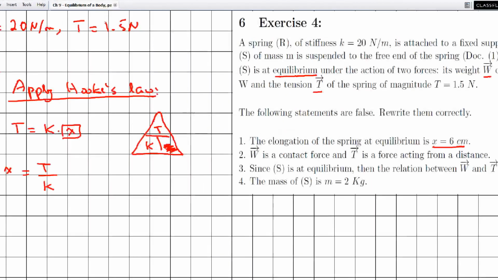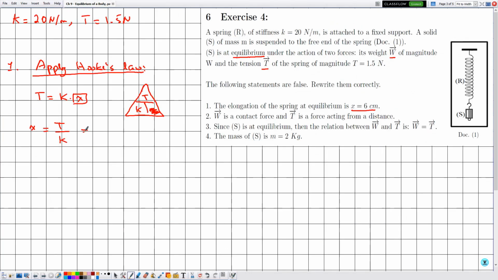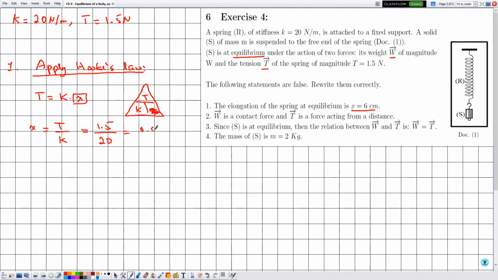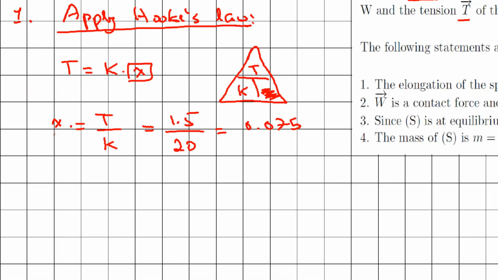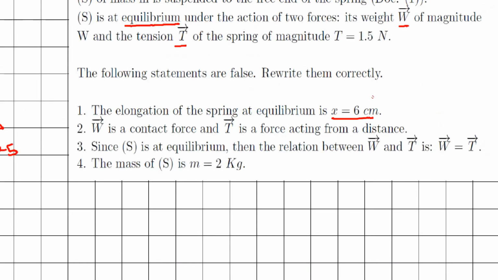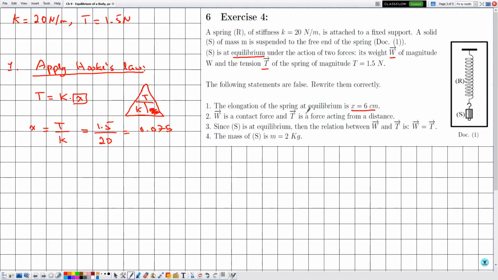The value of T is given by 1.5. And the value of K is given by 20. Now plugging this fraction into the calculator, the value of X is 0.075. Since everything is in SI, the value of X will be in SI, which is meters. Recall that X represents a measure of length, and the SI unit of length is always meters.